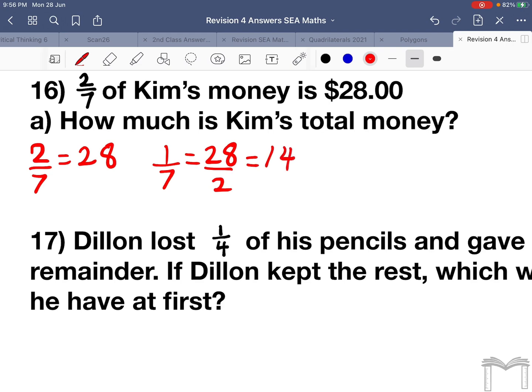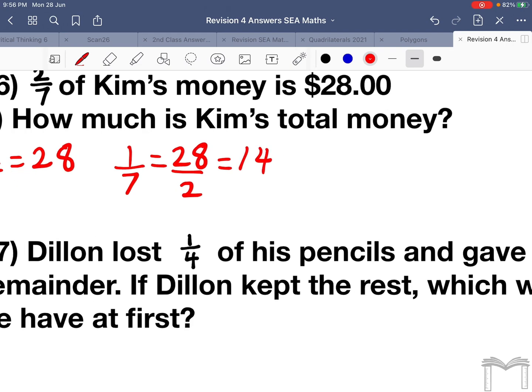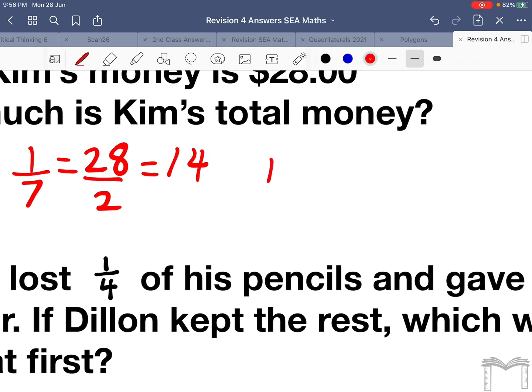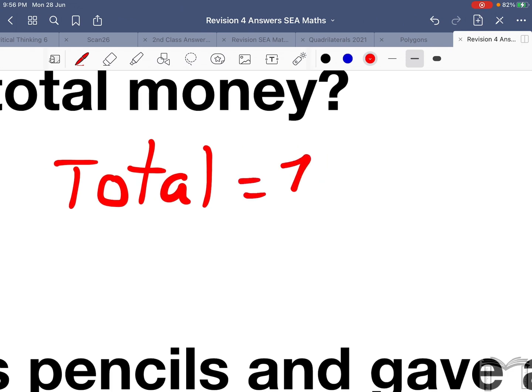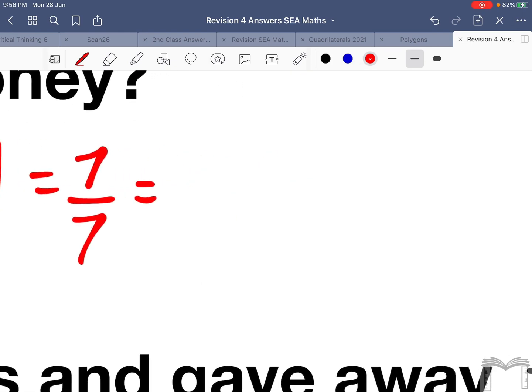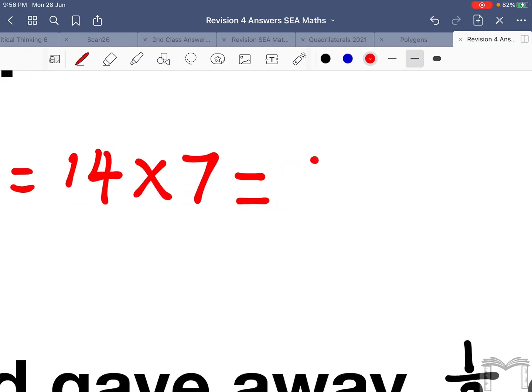And then we multiply by 7 to find 7/7, or the total. Fourteen times 7 is 98.